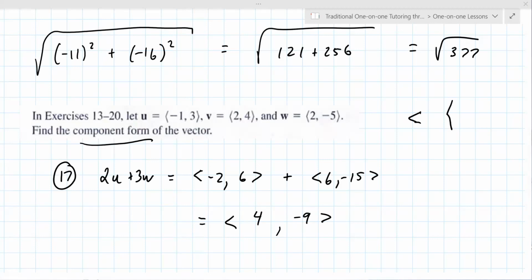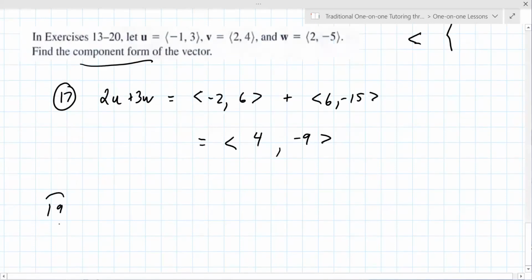Okay, 19 is very similar, minus 2u minus 3v. So another way to look at this, I'll just show you this, is you can actually extract that negative and do 2u plus 3v. Generally adding is easier, and then you can just negate the result.